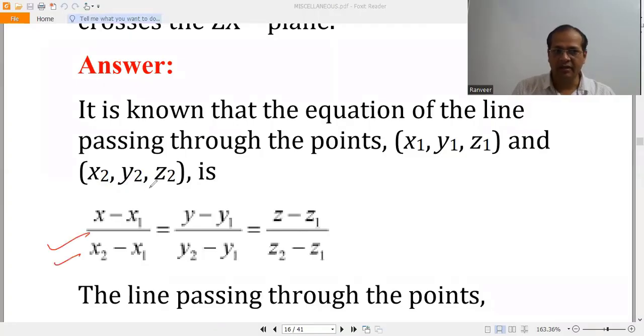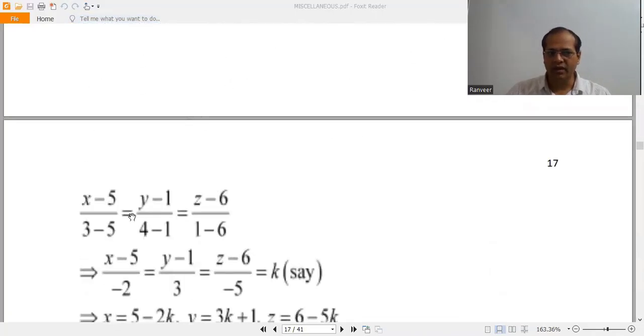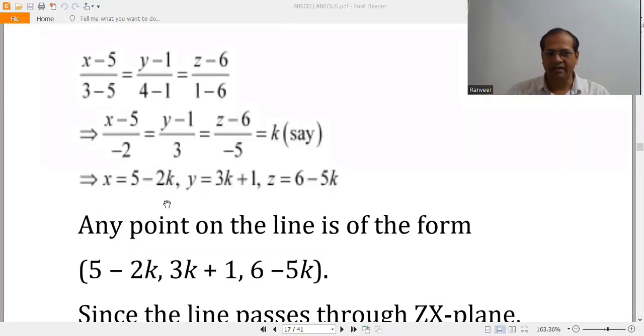Now the two points are given, (5, 1, 6) and (3, 4, 1), so we have to find this value. We take one point, and this is the direction ratio of the line. So we take this as k, and we have to find the x, y and z values.